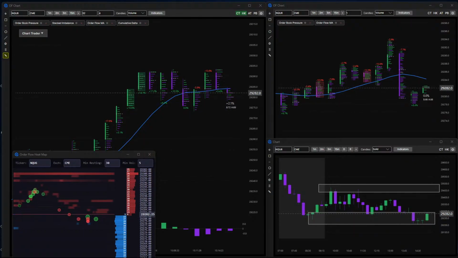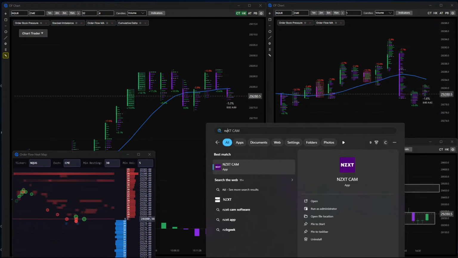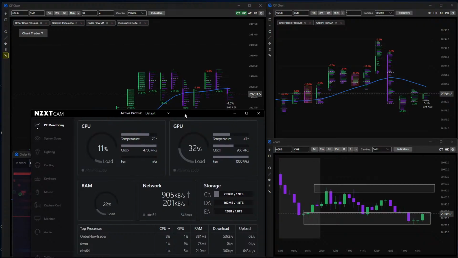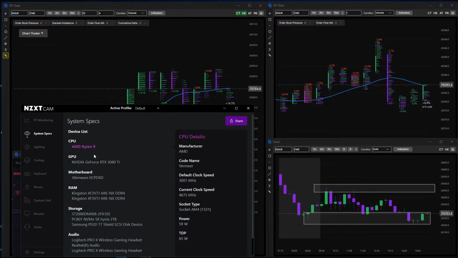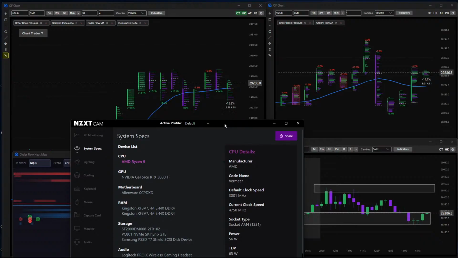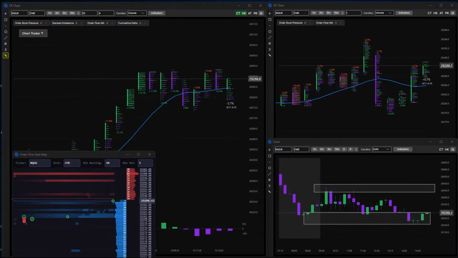I gotta be careful about all this crap that I throw in memory. If we go to NZXT, this is my stats. Obviously I got a good system. AMD Ryzen 9, GeForce RTX 3080 Ti, 64 gigs of RAM. I'm not worried about it, but not everybody's going to have a fast system to be able to do this.